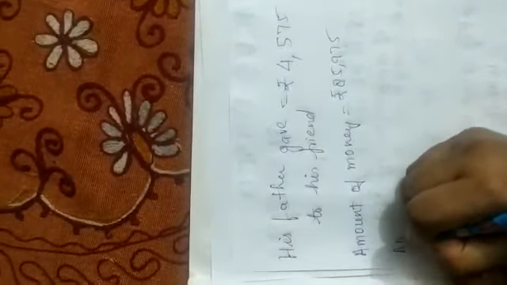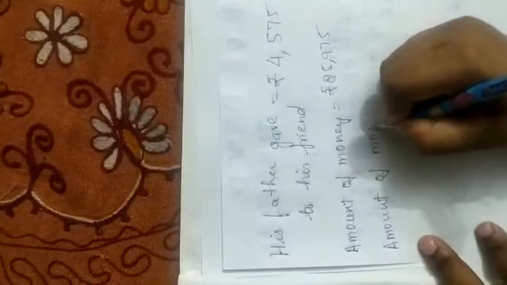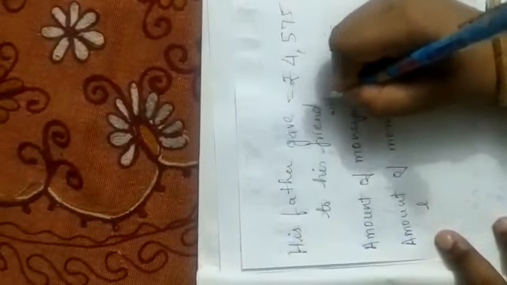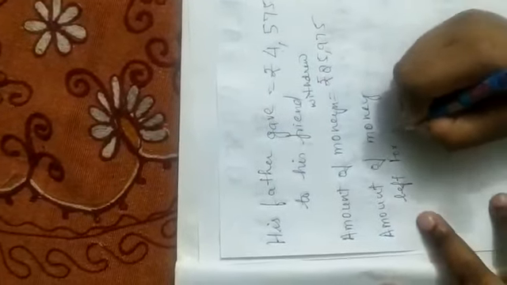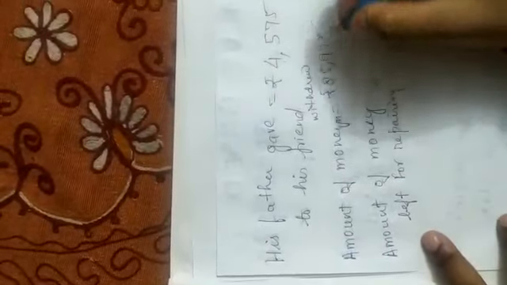So the amount of money left for repairing, what will we do? We will subtract the helping amount from the amount withdrawn from the bank for repairing, 85,975. So we will subtract it.